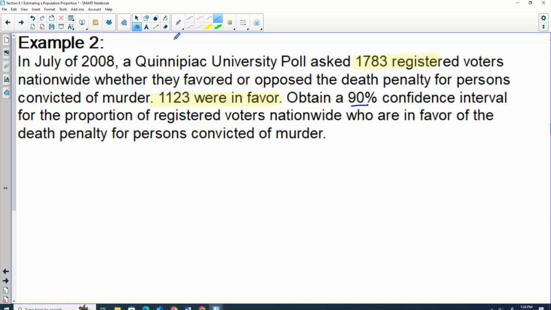So in order to do this, we have to check our criteria and we need our p hat. What did we get for our p hat in example 1? 0.6298.